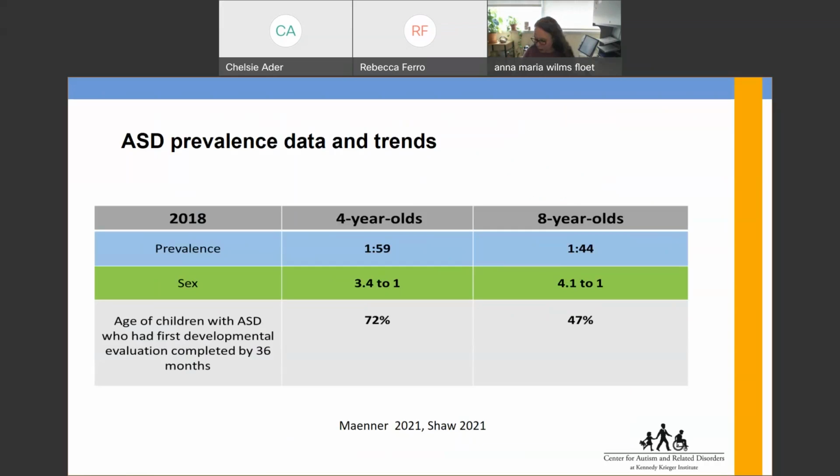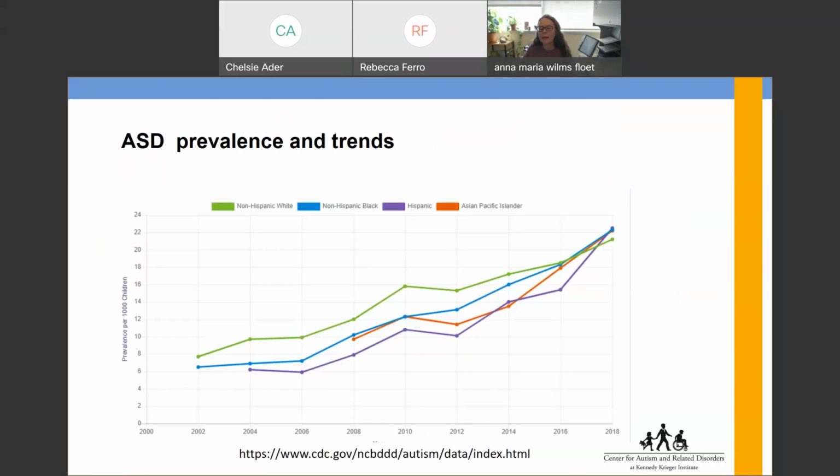A little bit of information about trends. Let me just actually go to the next slide for that. With a lot of work that has gone into early recognition and in some ways public health campaigns, so you may be familiar with the CDC Act Early campaign, which has put out information regarding early signs and symptoms of autism, we have been able to move the needle on early identification.